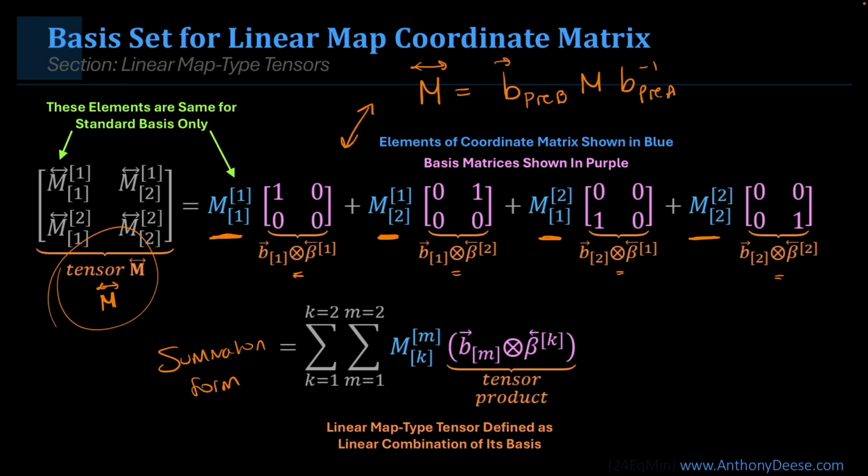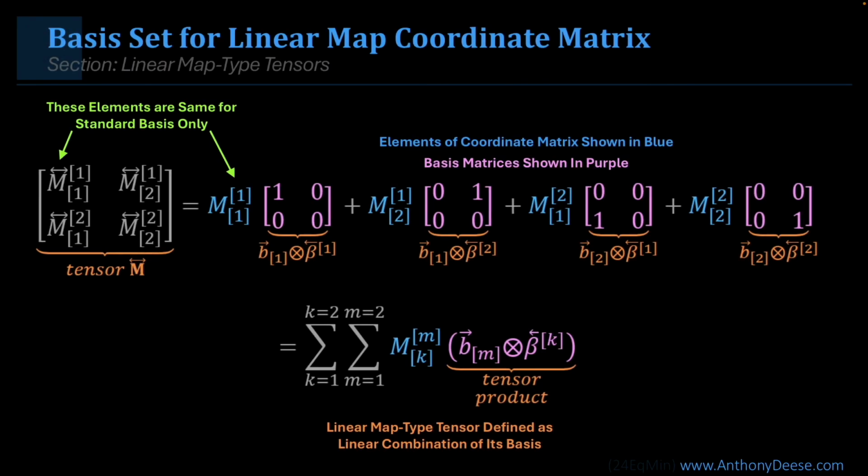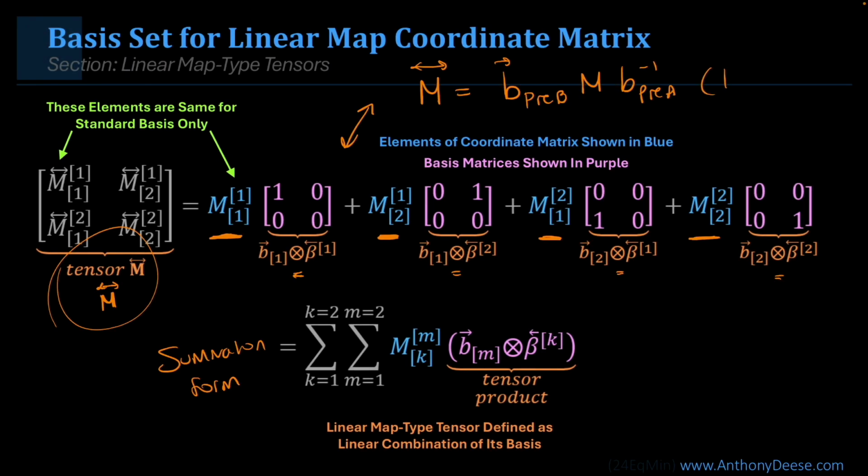Now what we're going to see is that this is good for a linear map only. As we get into higher rank tensors, it's going to become increasingly difficult to represent our coordinate construct matrix in this way. Well, it's only going to be possible to define it in terms of this linear combination. So anyway, to make a long story short, these 2 are equivalent. We're not going to show that explicitly, but you can derive that equivalency.